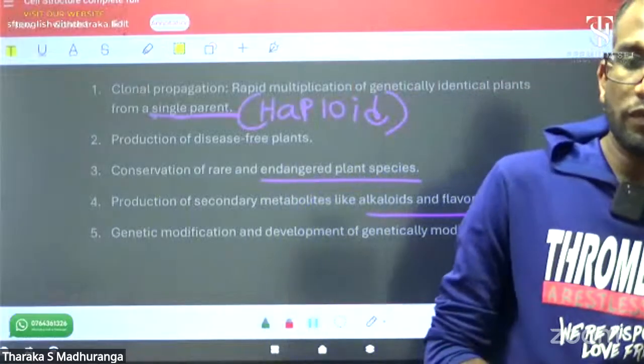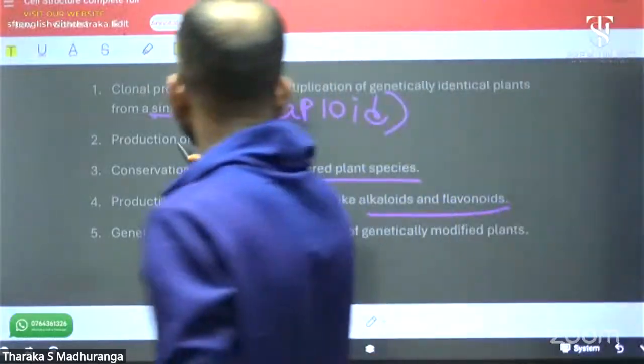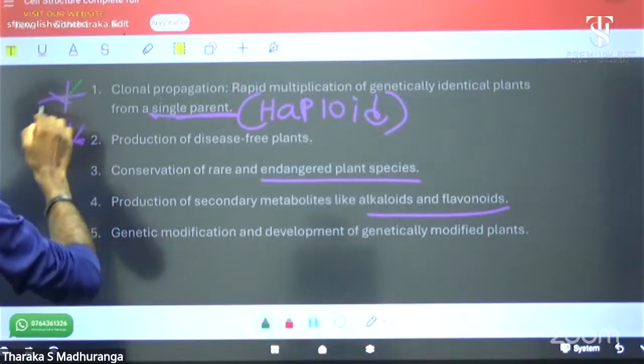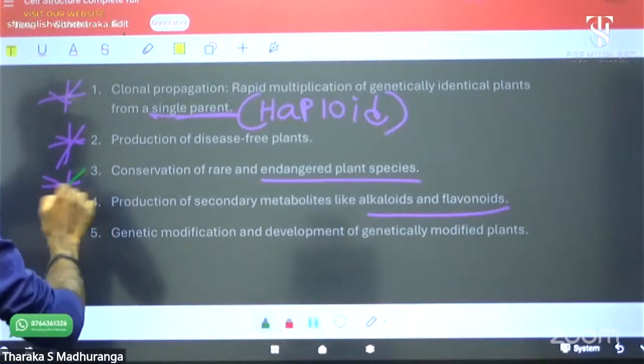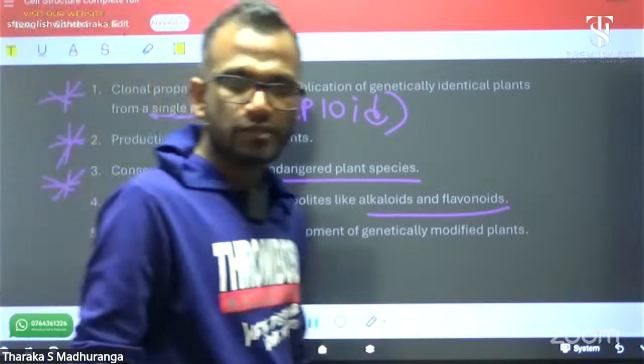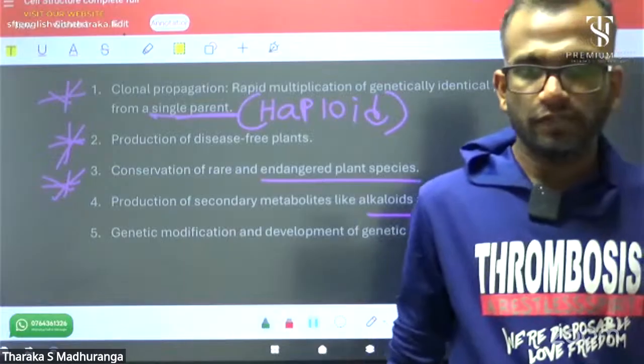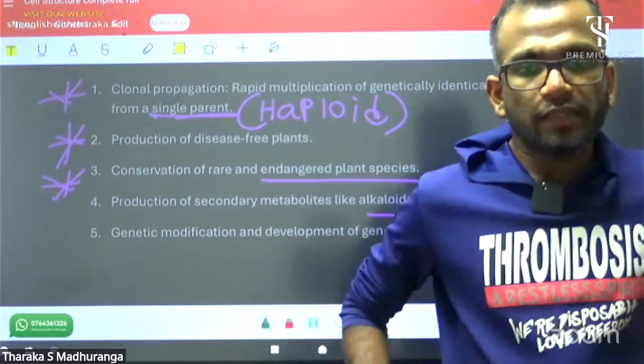Mainly remember these two: production of disease-free plants and clone preparation, and conservation of endangered plant species. Okay, that's tissue culture.